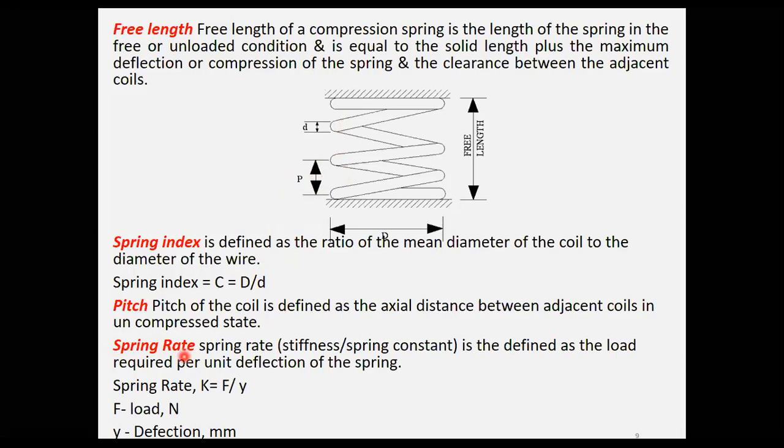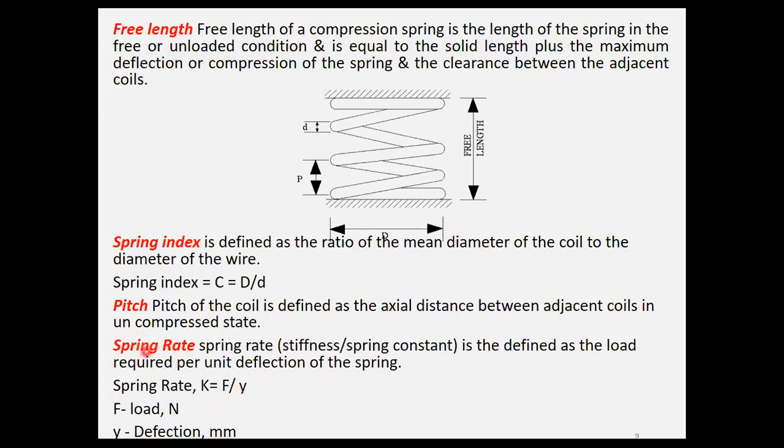How to calculate this spring rate? It is also called stiffness or spring constant. The other name for spring rate is stiffness or spring constant. It is the ratio of the load required to the deflection, or the load acting on that and as a result how much deflection is there.